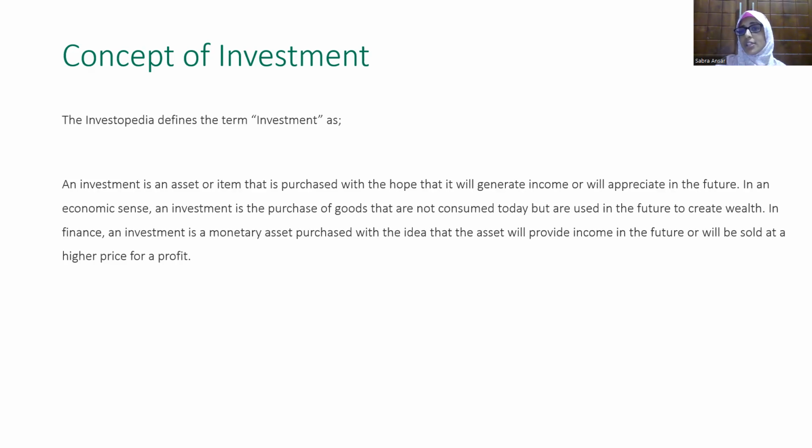For example, when an apparel factory invests in certain types of machines, they think we are going to invest in this machine in order to generate income. It could also appreciate in future, but that doesn't matter as much as something which generates income or rent. However, there should be some kind of income that comes in to whoever is investing.